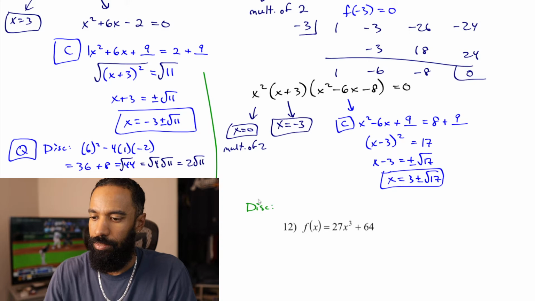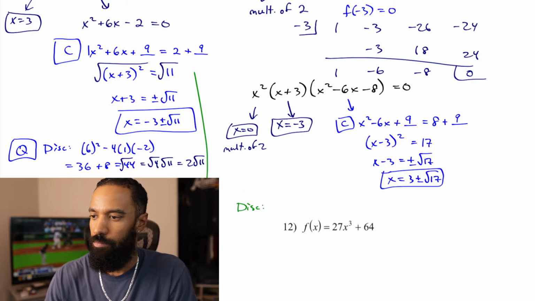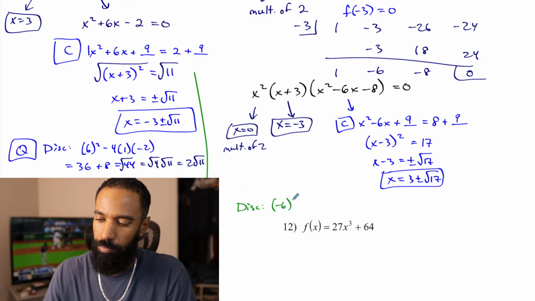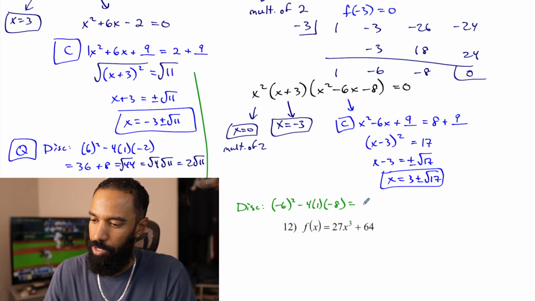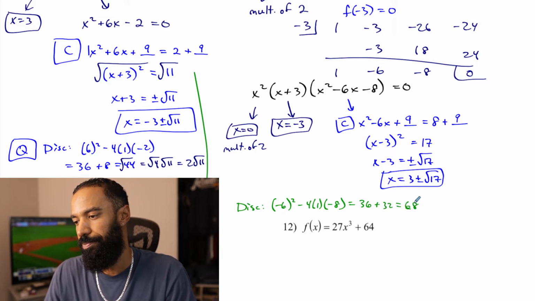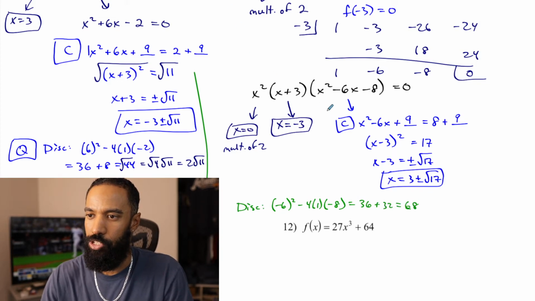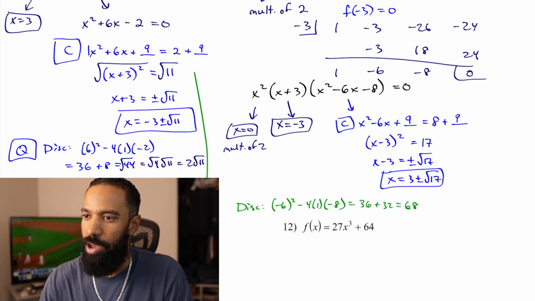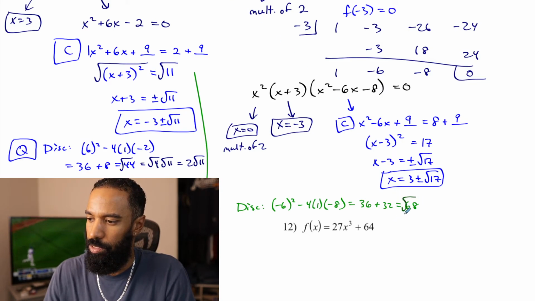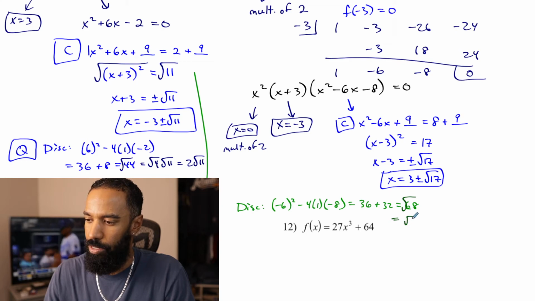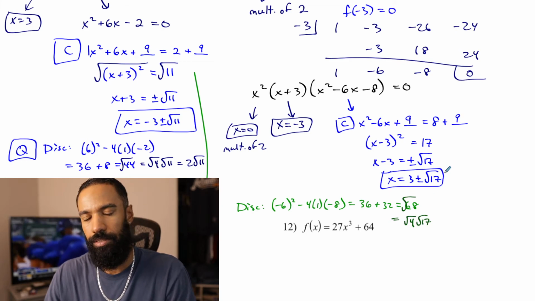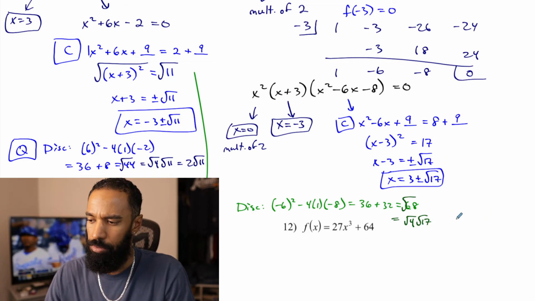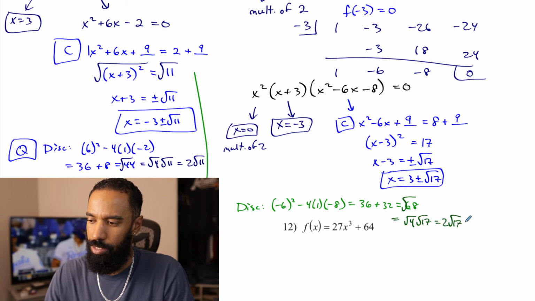We'll get b squared minus 4ac, which is 36 plus 32, which is 68. The square root of 68 breaks down into root 4 times root 17, right? Which is 2 root 17.